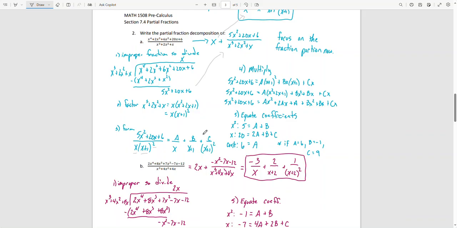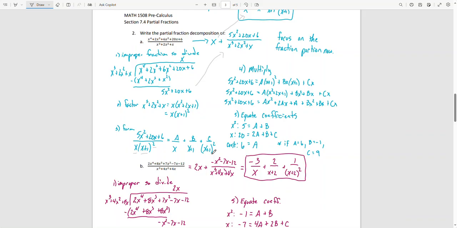Each of them with a different constant because all three of these are linear factors that lead up to our denominator. So x only occurs once, I'll only write it once. X plus 1 occurs twice in the factorization, so I'll have it at the first power, and I'll have it in the second power as I find my partial fraction decomposition.